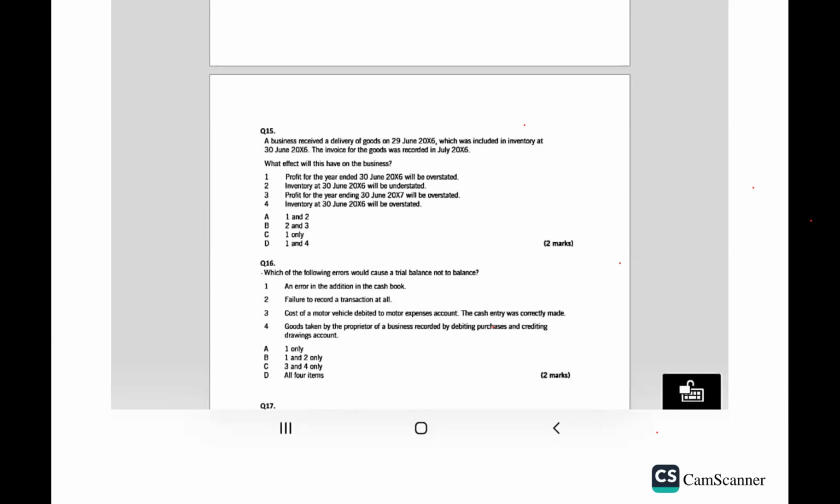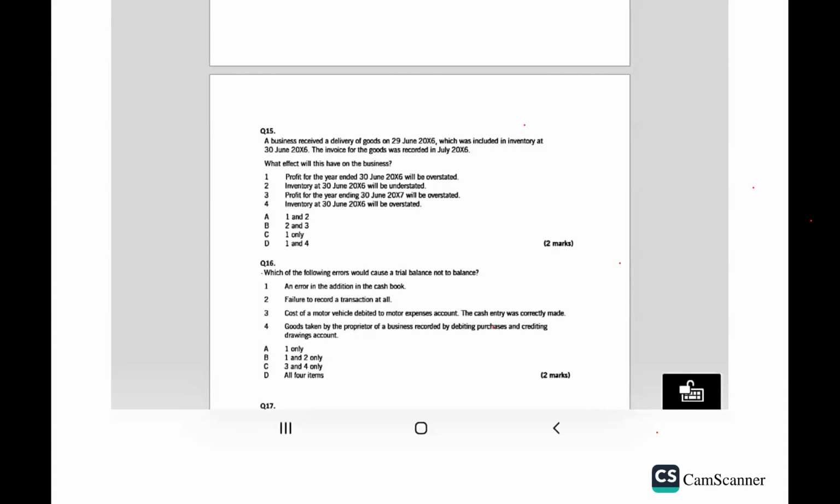Okay. So what is the answer? Anybody? Looking at them all, the first one will only show a one-sided record, but the second, the third, the fourth, they're showing both sides being recorded.